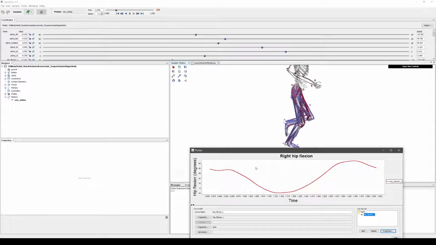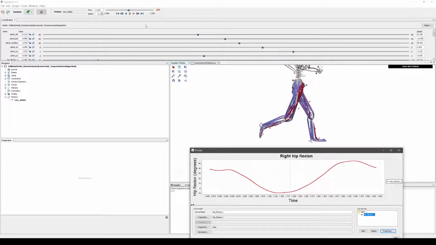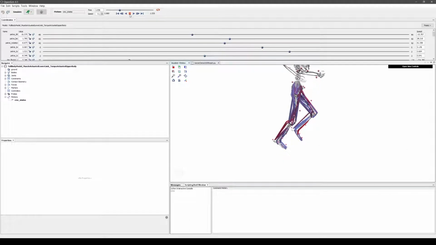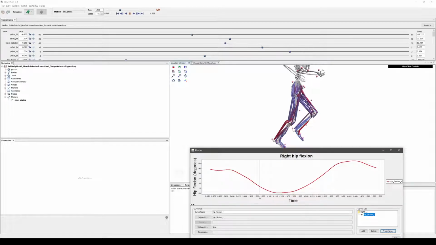So notice this is one full gait cycle of running, and we're looking at the right hip, which is the one closest to the camera, and we're looking at the amount of flexion. This is following the same joint conventions that we just talked about. So I'm going to pause this right when hip flexion gets to about 0. And it's a little bit of a pain because the plotter doesn't quite stay up at the same time as the simulation.